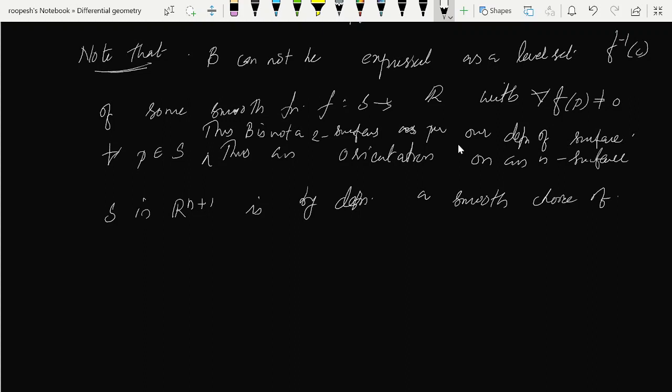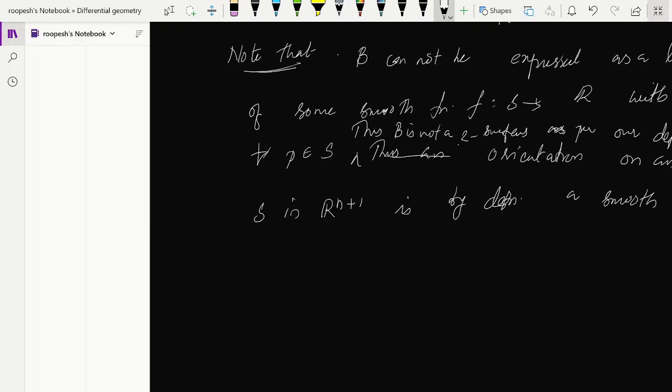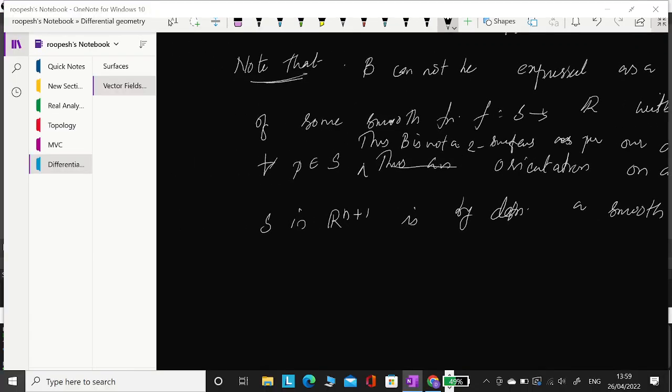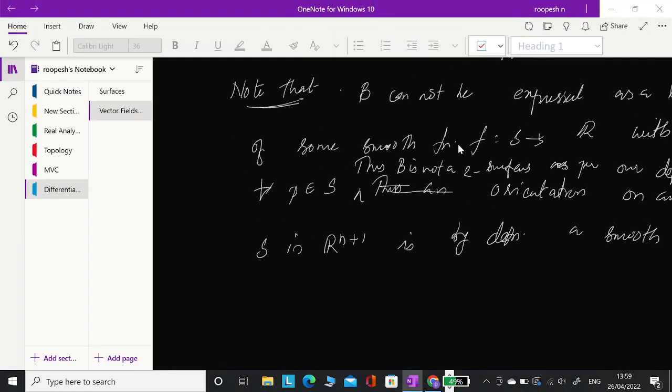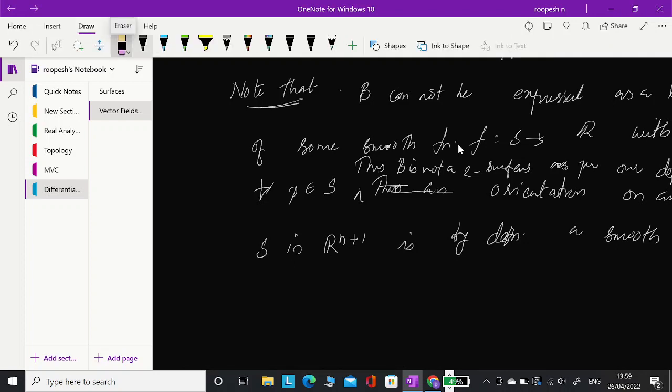We cannot say that this is a surface, so we should avoid this.